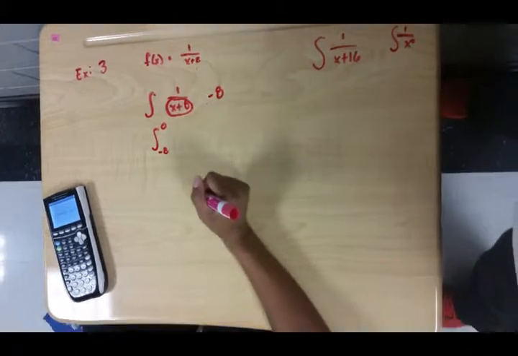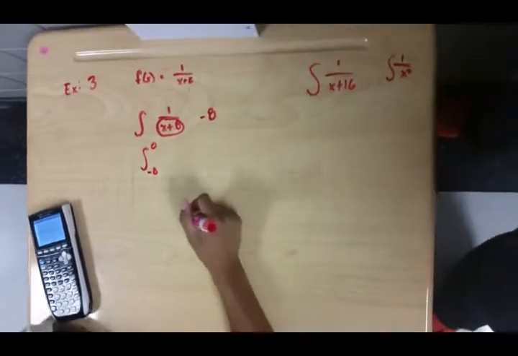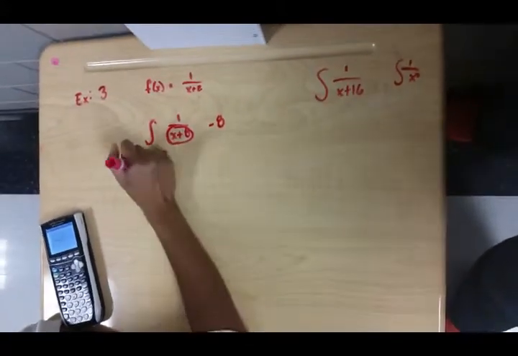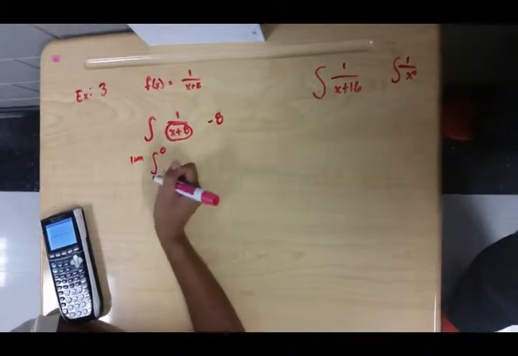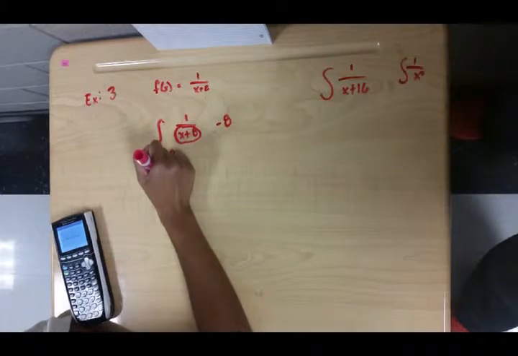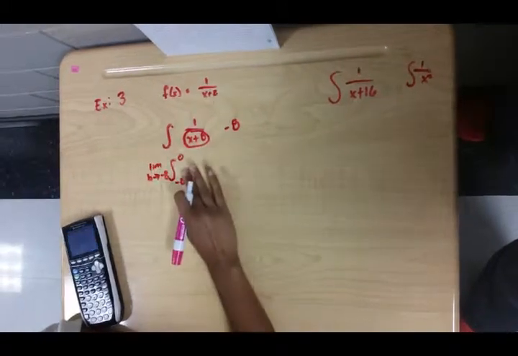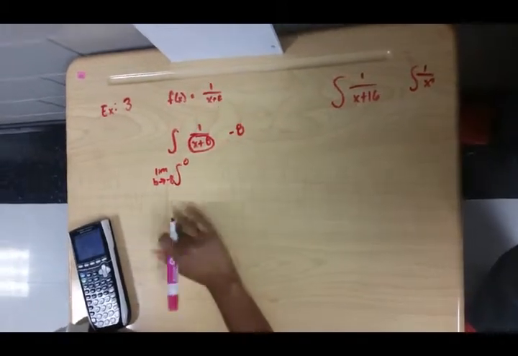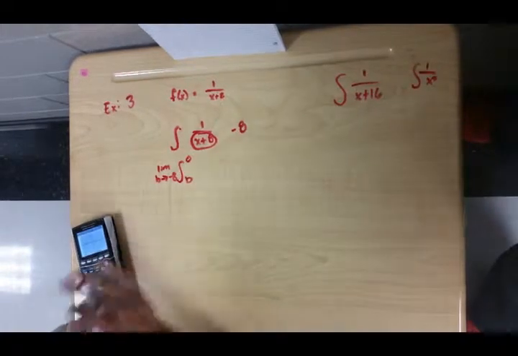That's just a choice that I picked. And since -8 is a vertical asymptote, you have to make it into a limit as a value. So let's say b goes to -8, and put a b there.